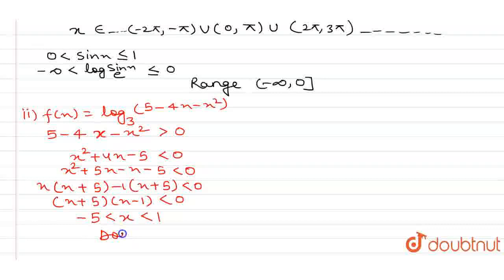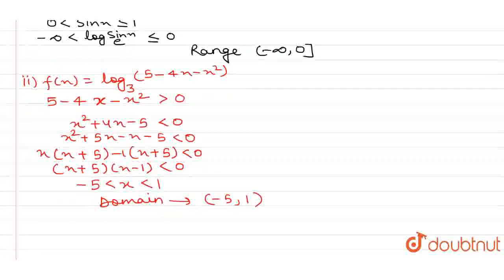So the domain of this function is minus 5 to 1. Now I have to find the range. So I write the way by which I can write this quadratic expression.